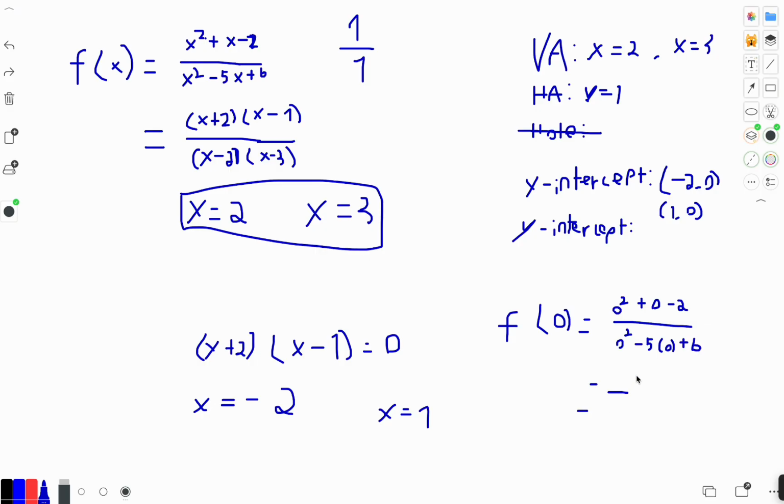So we get negative 2 over 6, which is just equal to negative 1 over 3. Okay, great. So that's going to be our y-intercept, right? So we're going to get 0, comma, negative 1 over 3.